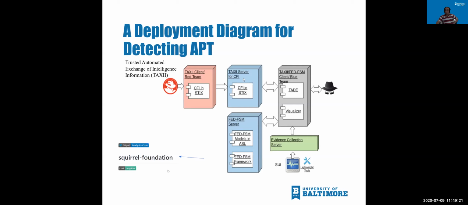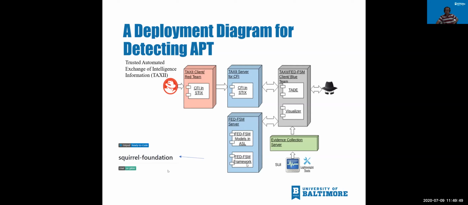Also, any organization can download those shared cyber intelligence into their own machine. And we're also going to come up with our own state machine, such as the FASM state machine.